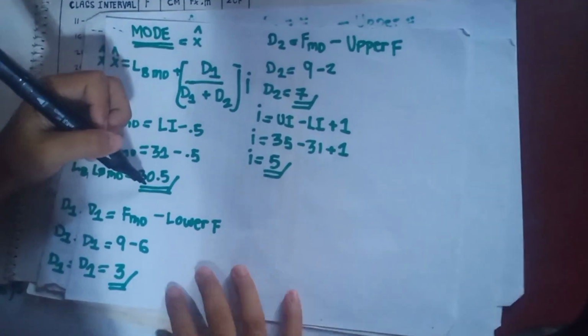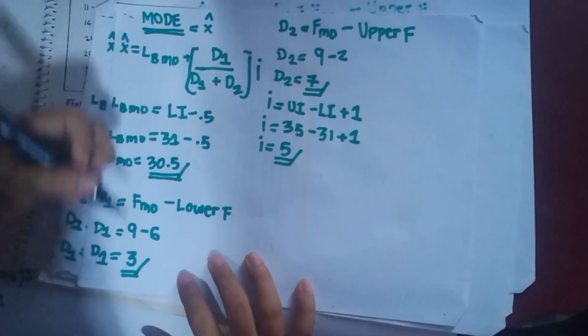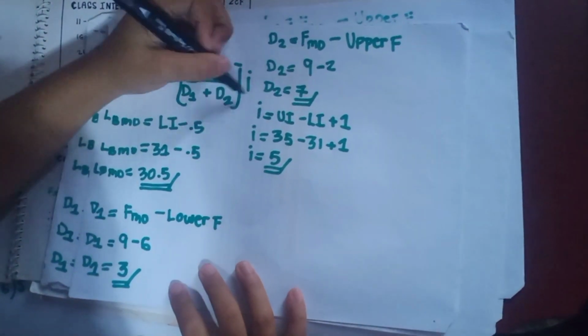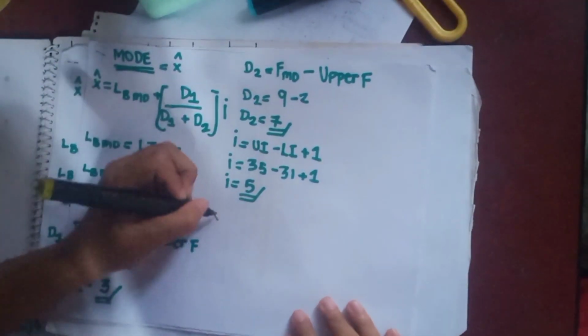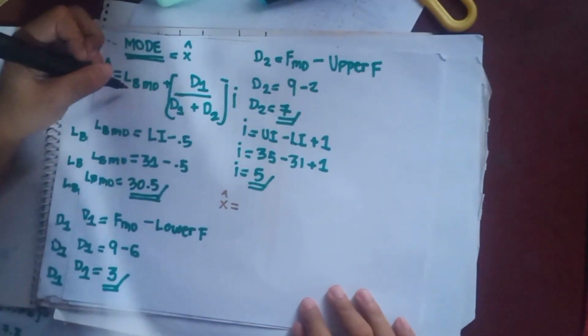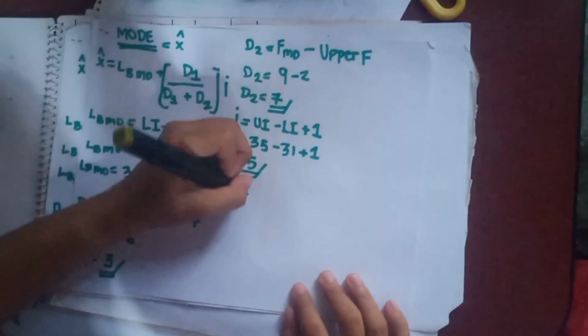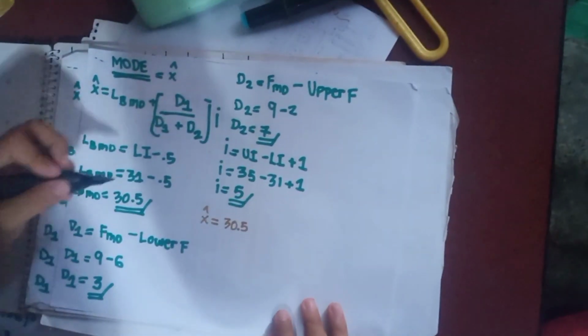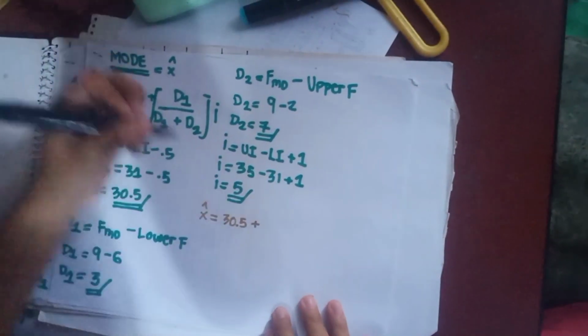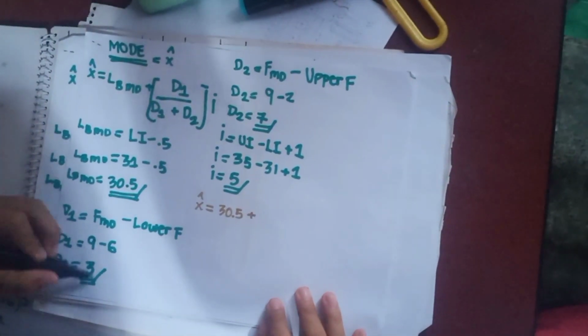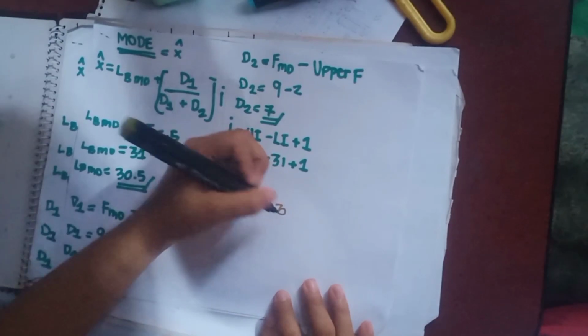After we get all the value for our formula, we can now solve the mode. So our mode is equal to lower boundary of modal class, which is 30.5 plus D1, which is 3.